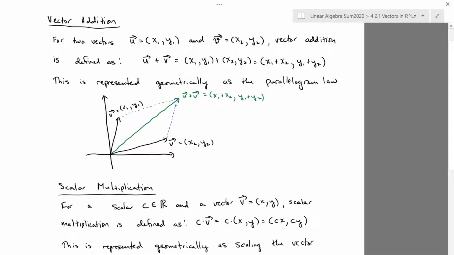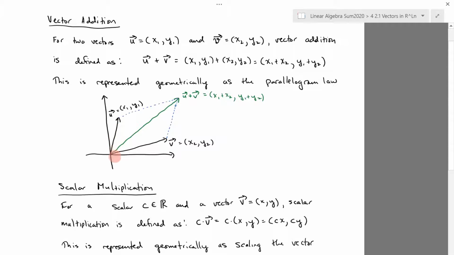Those are the two operations we do for vectors, and they also have a geometric representation. For vector addition, you draw in the two vectors that you're adding. In this example I've drawn them both in the first quadrant, but they don't necessarily have to both be in the first quadrant. They can be anywhere, and it still follows this principle.